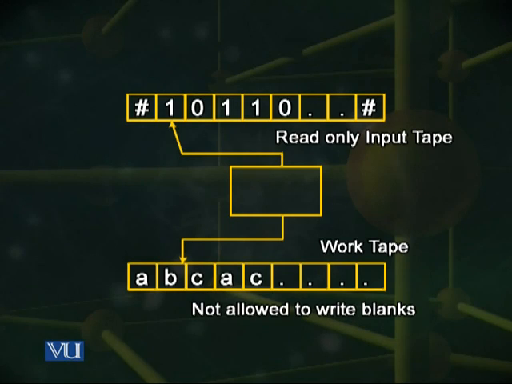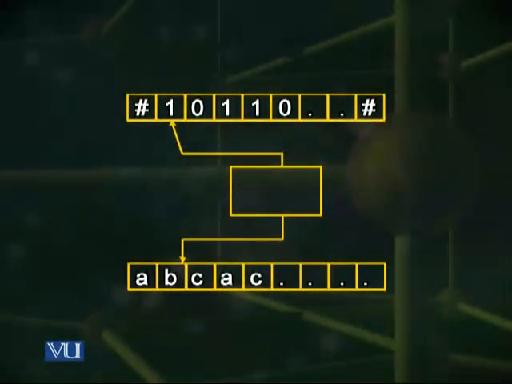Well, what happens if I turn such a Turing machine on and let a computation happen and look at it when it eventually halts? Well, I can observe at the end of the computation how many non-blank symbols are written on the work tape. Here is a hypothetical picture of the machine after this machine has halted. As you can see, the input is unchanged because the input tape is a read-only tape.